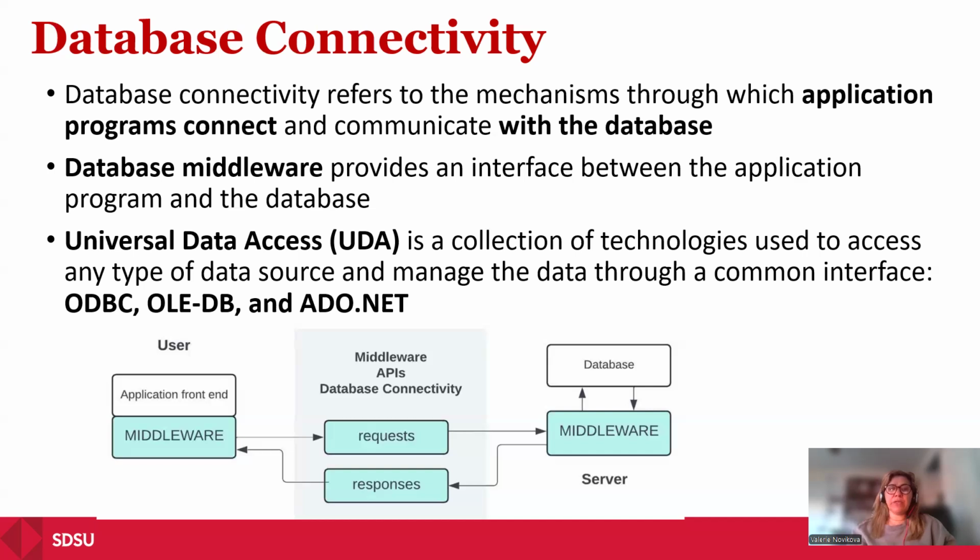And here you can see a diagram of the middleware. Similar to how a middleware can exist on the database server, right here you can see that middleware can sit as a separate set of routines in between user and the database, as well as on the user side.